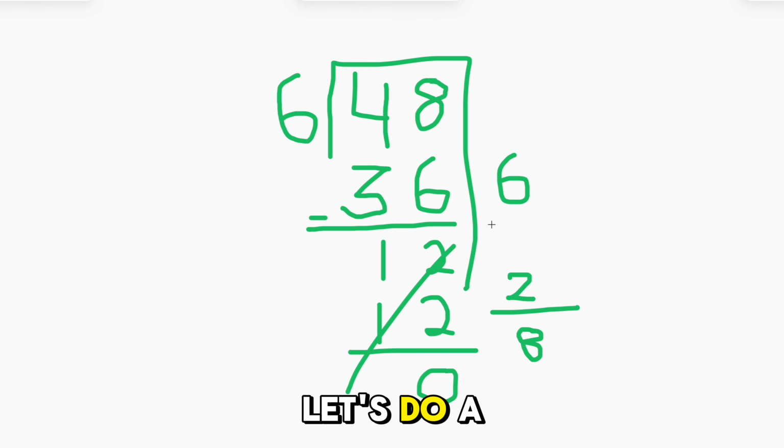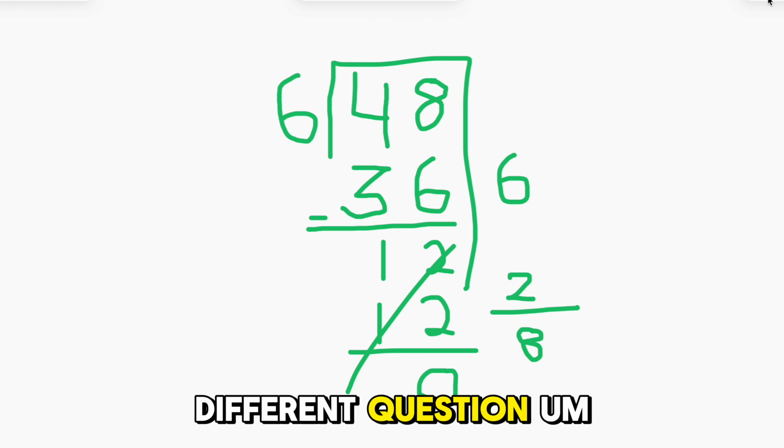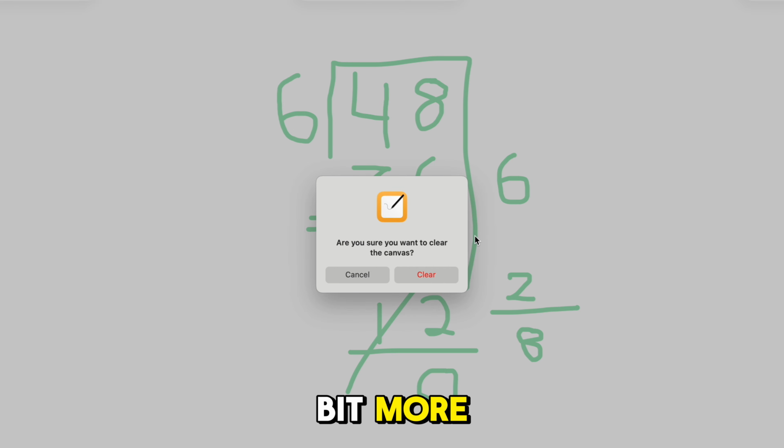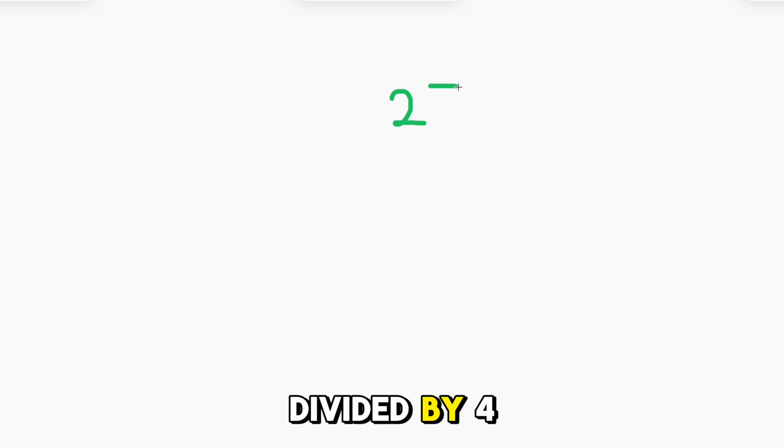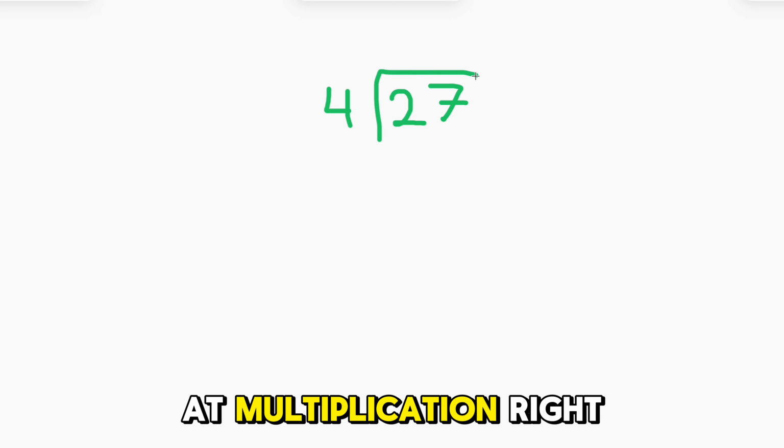Now, let's do a different question, something that's a little bit more tricky. Let's do 27 divided by 4. Now, I'm going to create a scenario here. Let's say I am not good at multiplication.